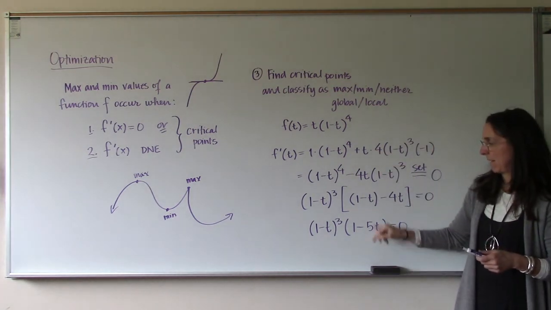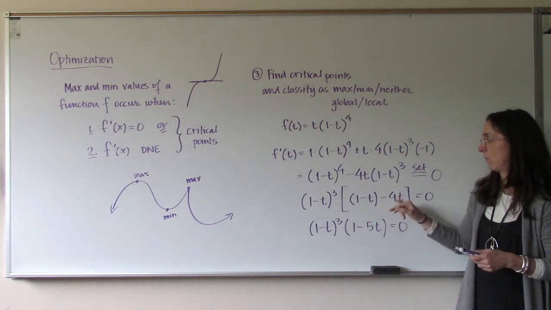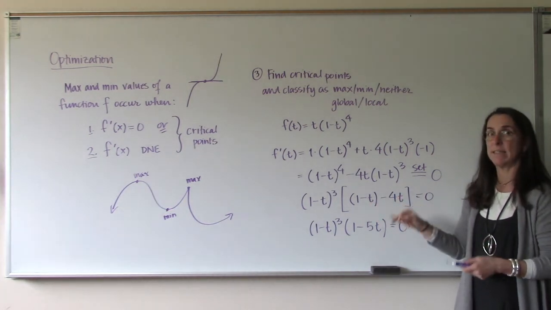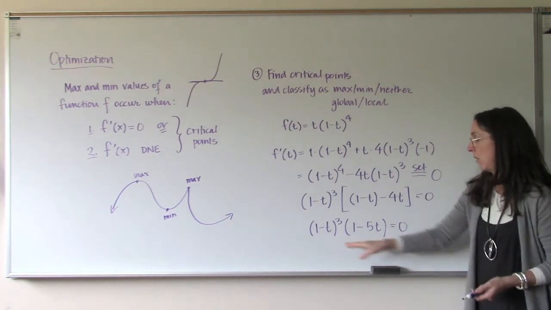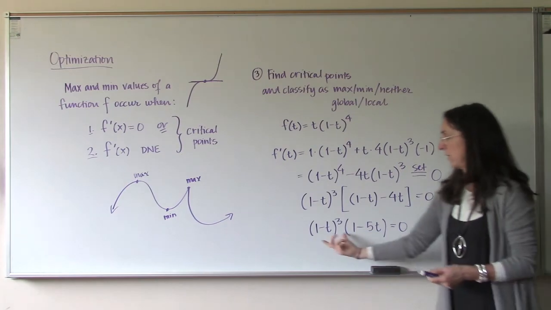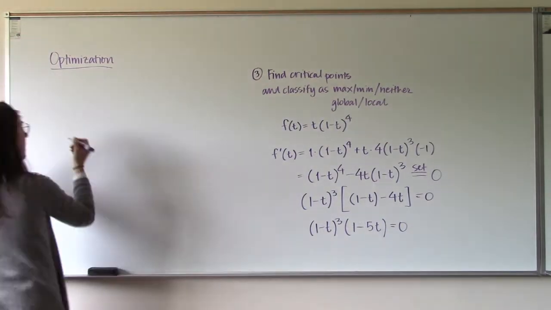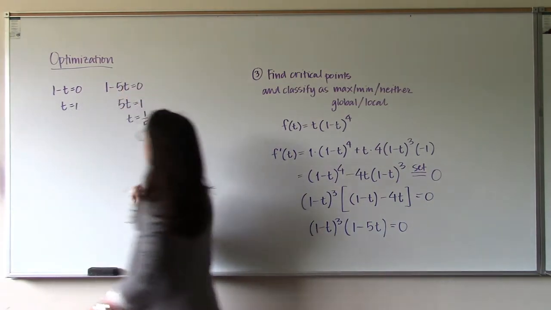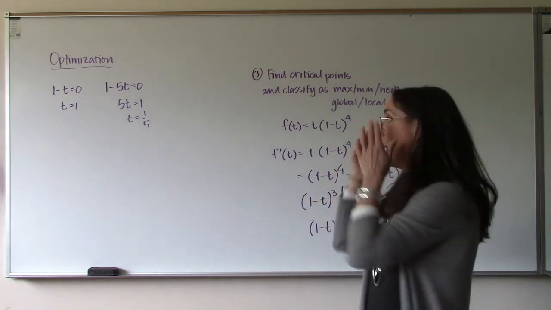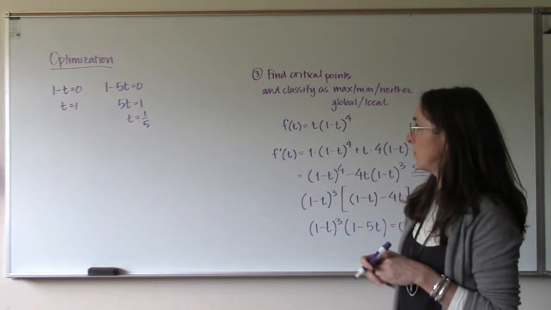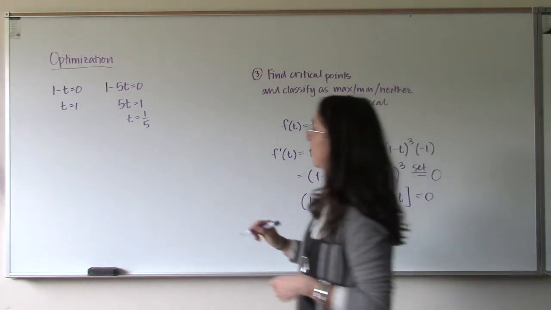Do you see where I got this 1 minus t, and then subtracting 4 more t's is subtracting a total of 5 t's. So it looks like this. So when is this thing equal to 0? Either when this part's equal to 0 or this part's equal to 0. So t is equal to 1 and t is equal to 1/5 are my two critical points, and so now I just want to determine which one corresponds to a maximum and which one corresponds to a minimum.